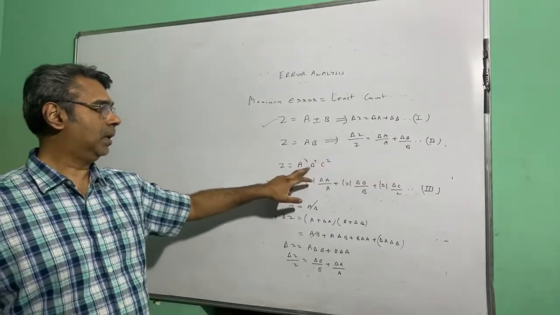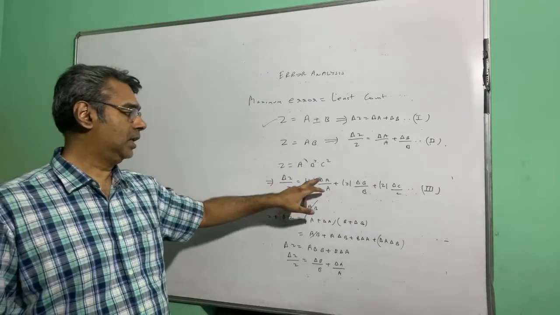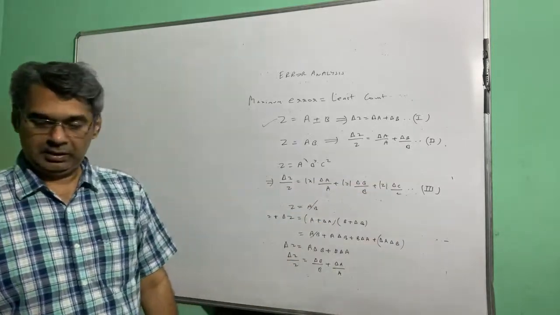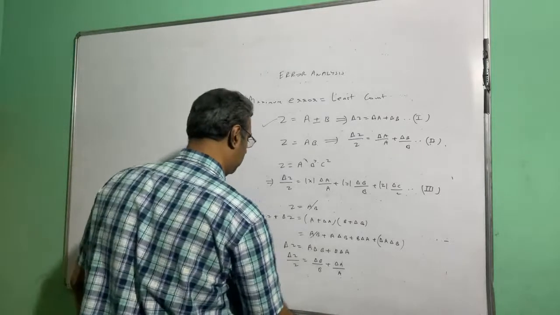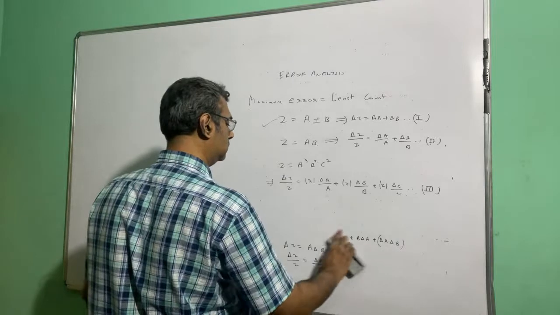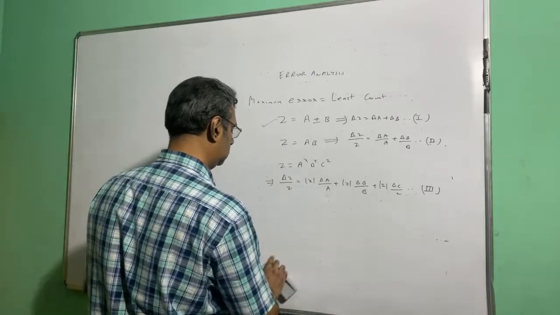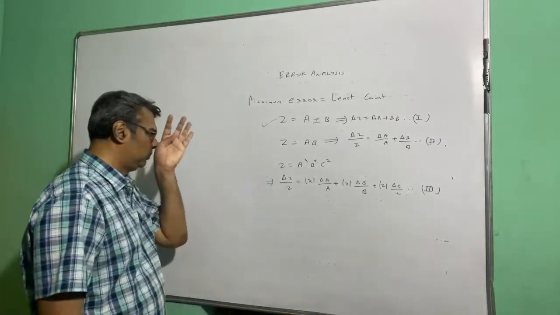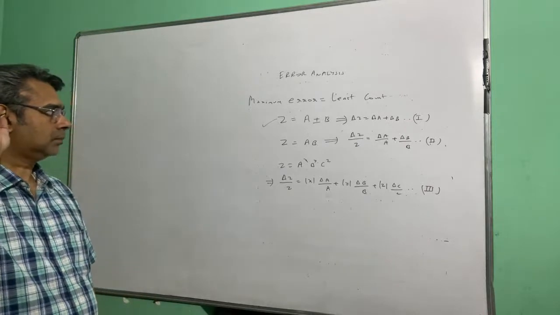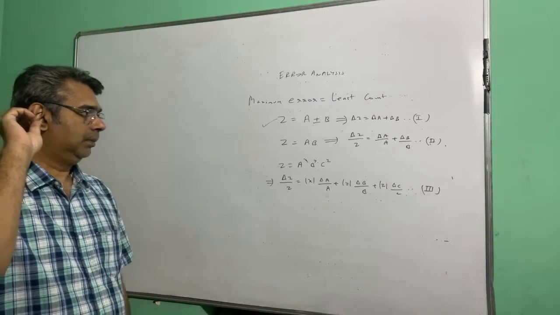If Z is A to the power X, B to the power Y, C to the power Z, then delta Z by Z is modulus X delta A by A plus modulus Y delta B by B plus modulus Z delta C by C. This is number 3. So these are the 3 formulas which come under error analysis, right?